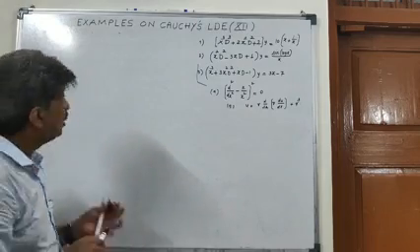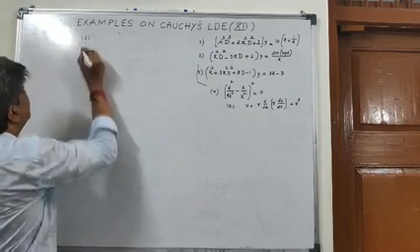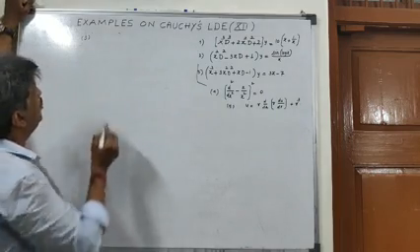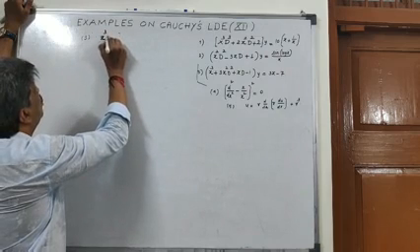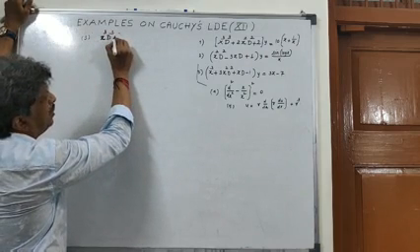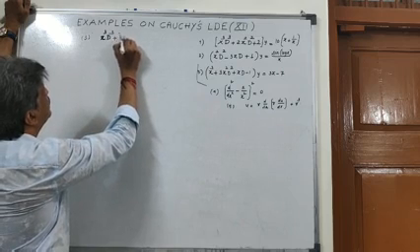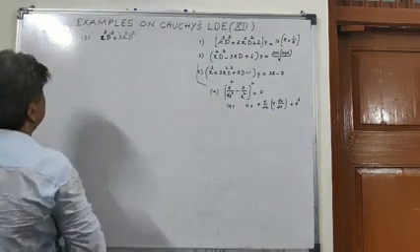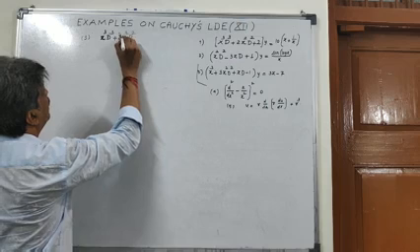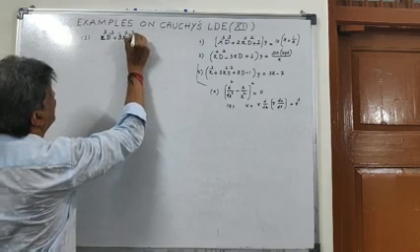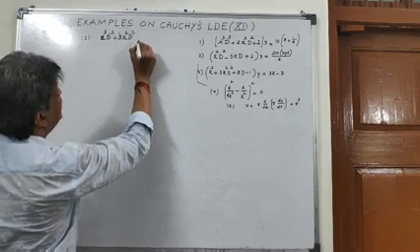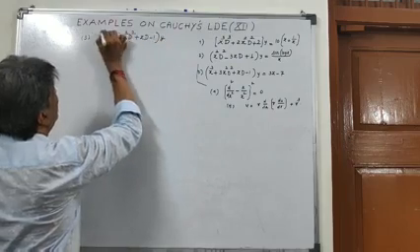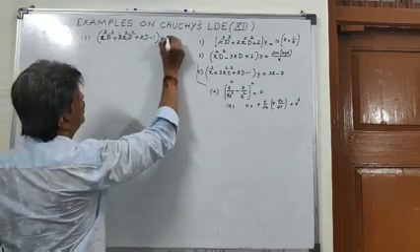Now, third equation is x cube d cube plus 3x square d square plus xd minus 1 in bracket times y is equal to 3x minus 7.